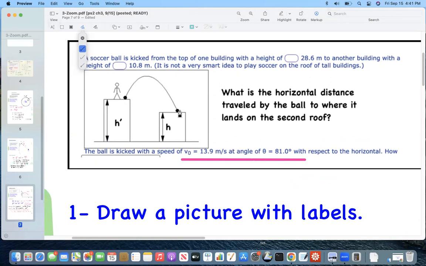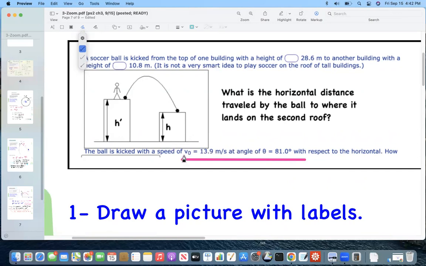And the information that you're given is the height of the first building, 28 meters, and the height of the second building, 10 meters. So we'll call that H prime is the first building, and H is the second building.